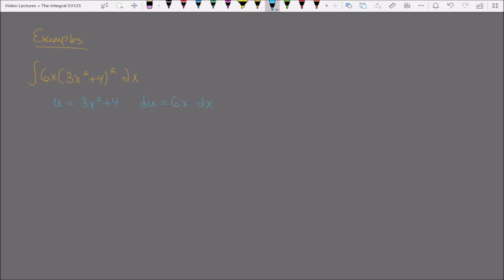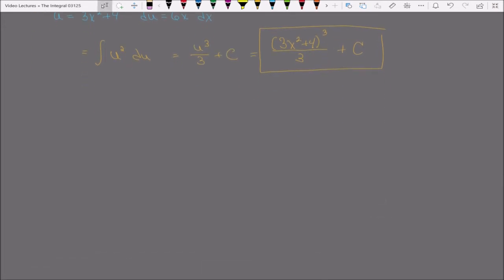Well, here is 6x, here's dx. So what this now becomes is the integral of u squared du. What we know that is u cubed over 3 plus a constant. Now just replace u with what we said it equals, which in this case is 3x squared plus 4. So our antiderivative is 3x squared plus 4 all cubed over 3 plus a constant of integration.